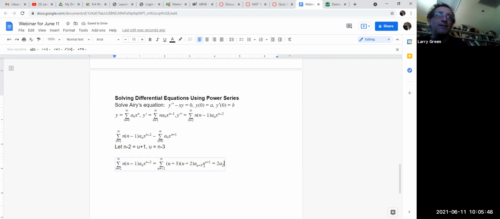And then if u is negative 1, I get x to the 0, so it's just a sub 2. It stops there. So 2a sub 2, and then plus, and now I could do the same thing, except now since I pulled out the negative 1, I now get to start at 0, which is what I want to start at.